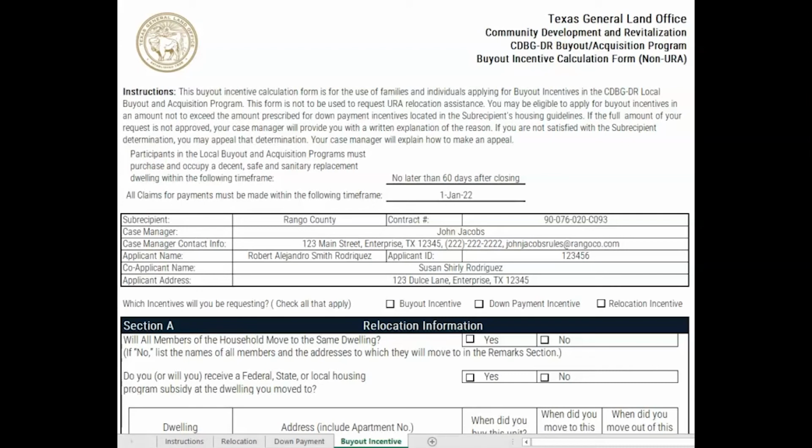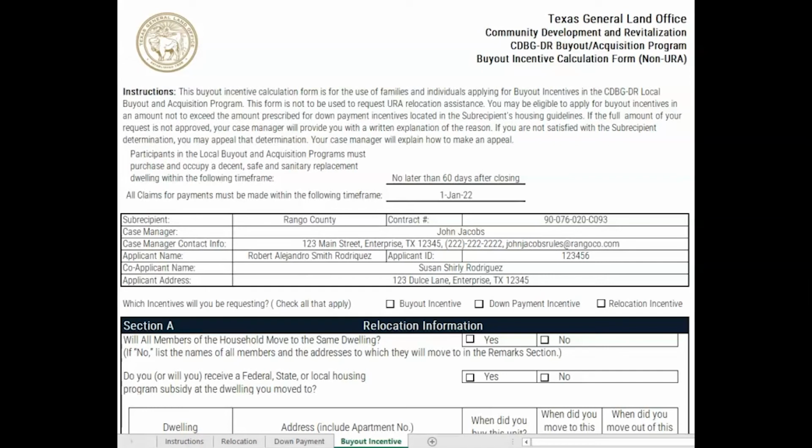This number will be generated in Tiger when the applicant's project is created and the left side checklist and application are uploaded, the co-applicant name if applicable, and the address of the buyout or acquisition property. Note, if the subrecipient already completed this table for relocation incentives, the information will automatically populate here.